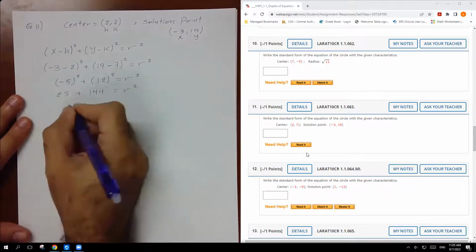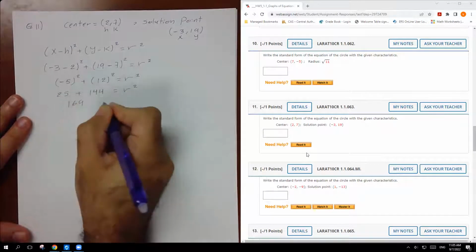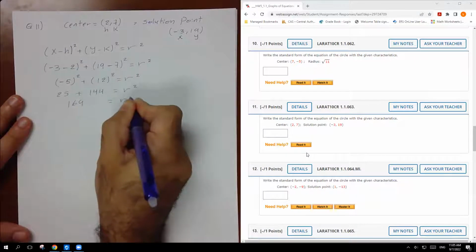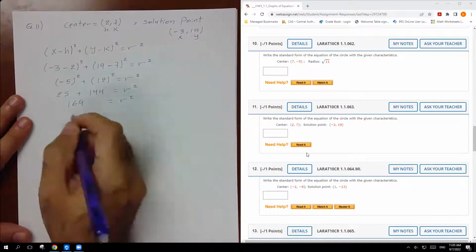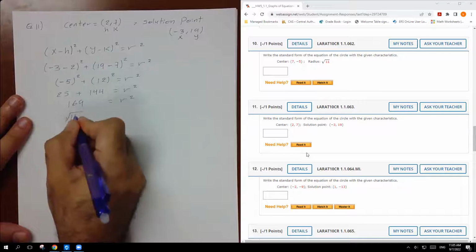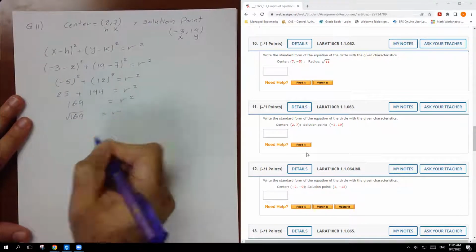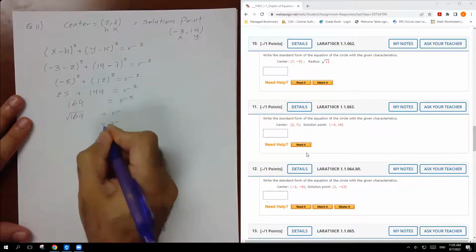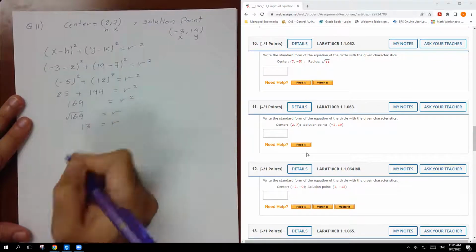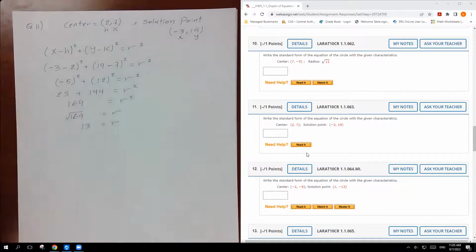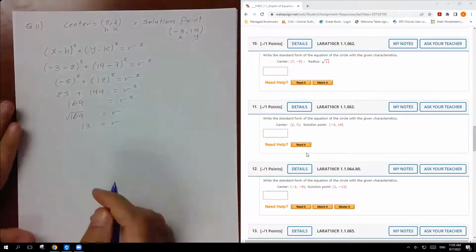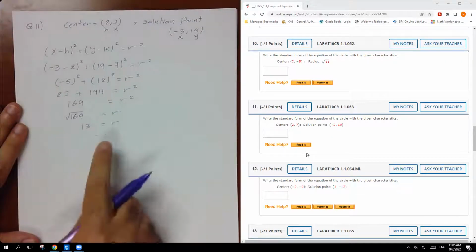Let's add these together: 169 equals r squared. Take the square root of both sides, so the square root of 169 equals r. That means the radius is going to be 13. Now we're going to write down the equation with the radius.